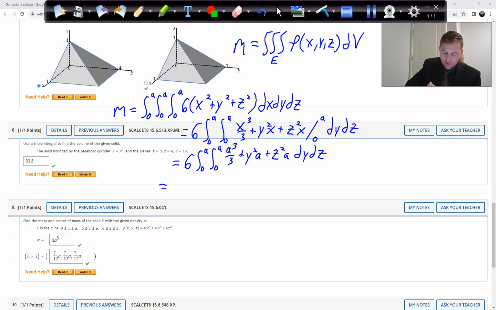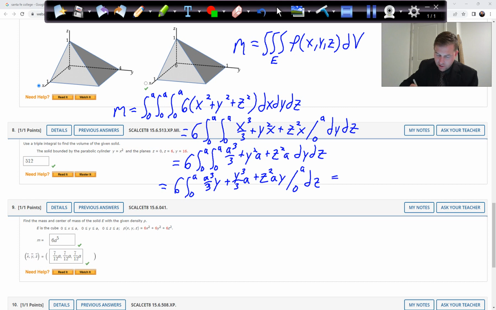Now we're going to do this with respect to y. So we're going to get 6, 0 to a, a cubed over 3 times y plus y cubed over 3 plus z squared a times y, and that's going from 0 to a, dz.